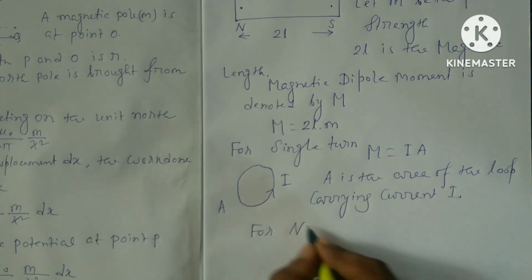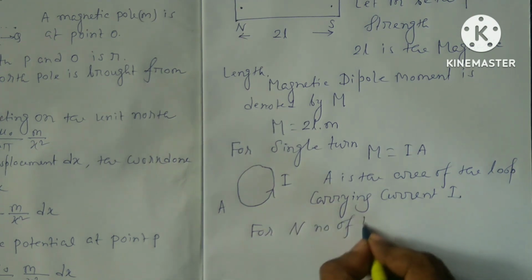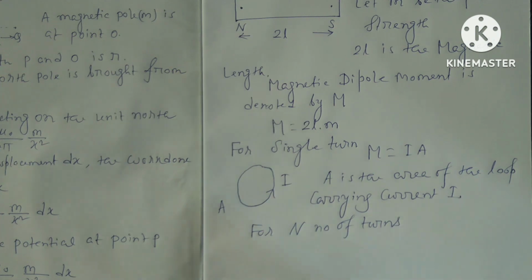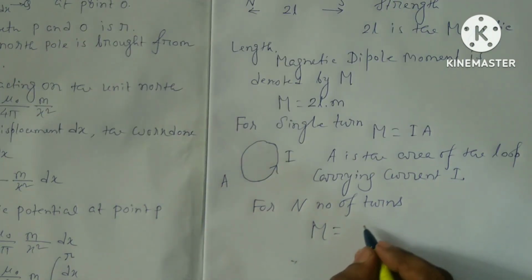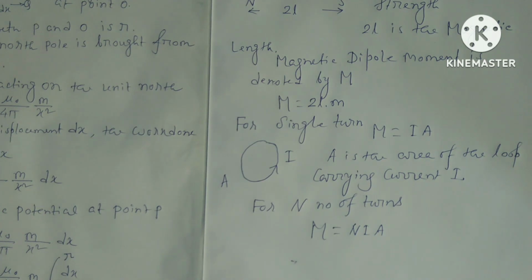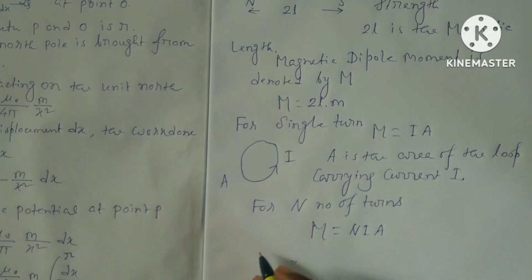For n number of turns, we can write M equal to n I A. So this is the relation for a loop or coil.